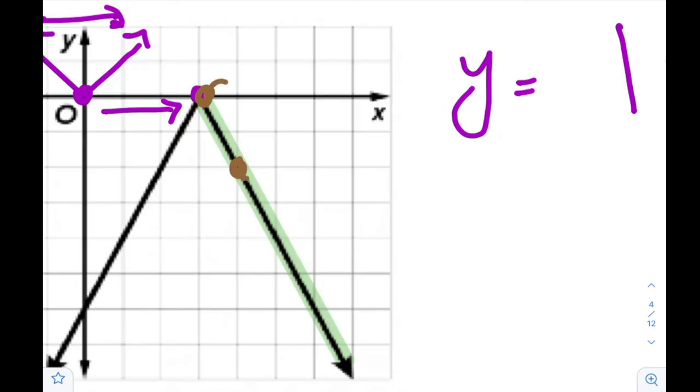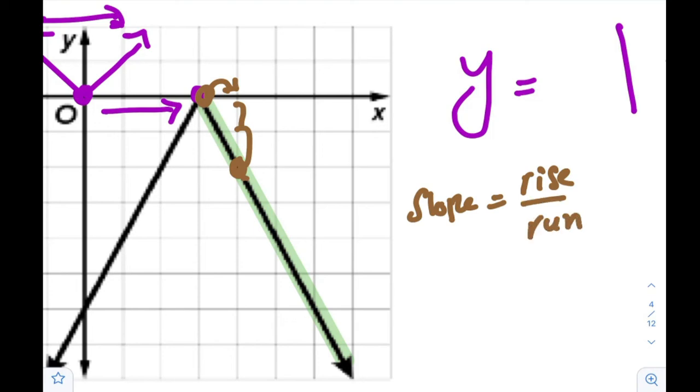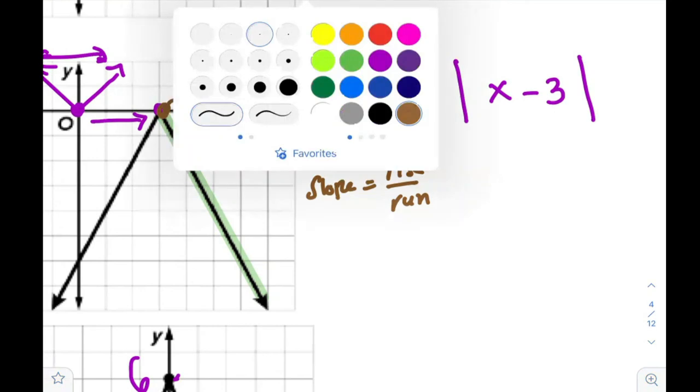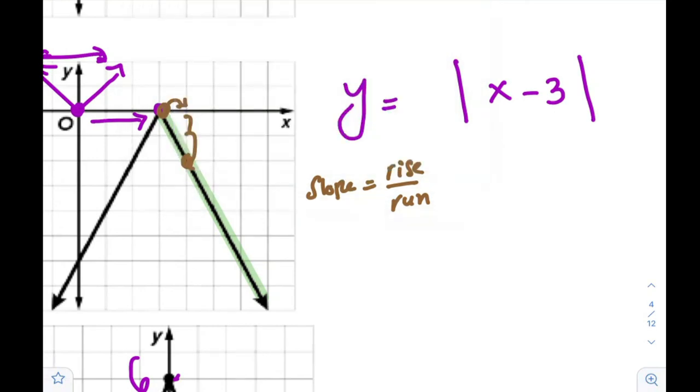Imagine that you are moving from this point to this point. So you are moving 1 unit to the right and 2 units down. Usually the slope can be found by finding the rise over run, or you can find it using the slope formula. If you want to use the rise over run, then this is your rise and this is your run.